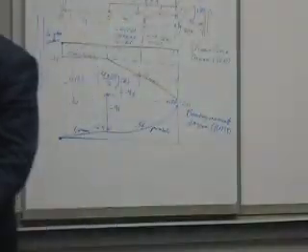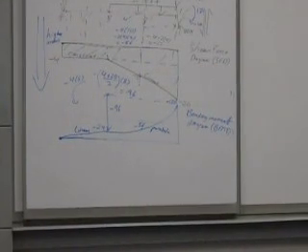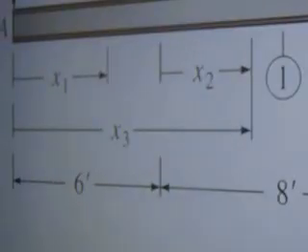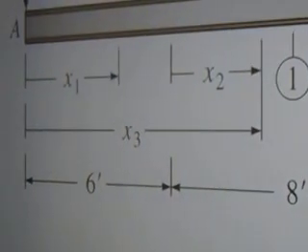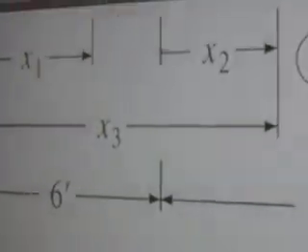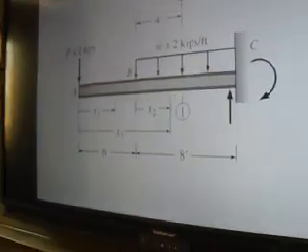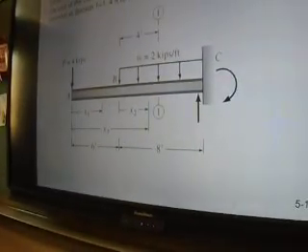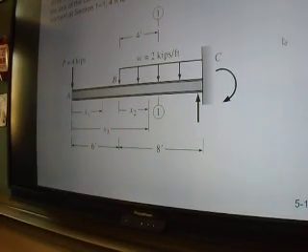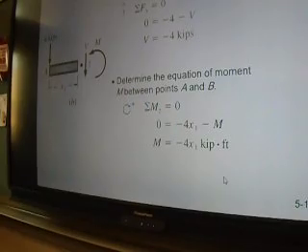Fine. Let's see how this guy solves it. Here he is actually dealing with it as a calculus problem. And he will take a section and take an equilibrium equation and get a relationship.